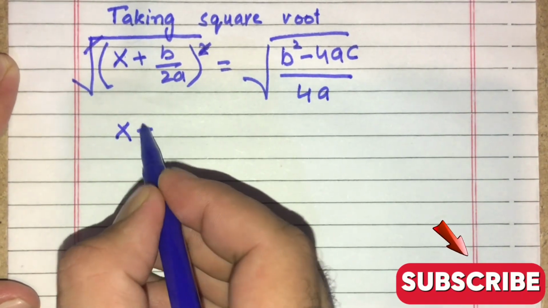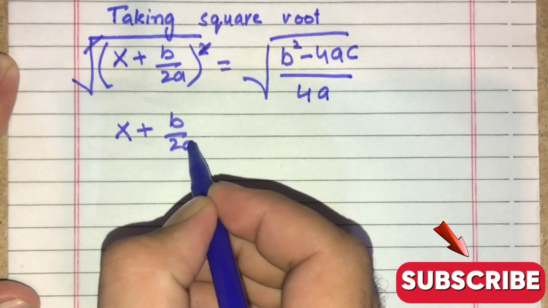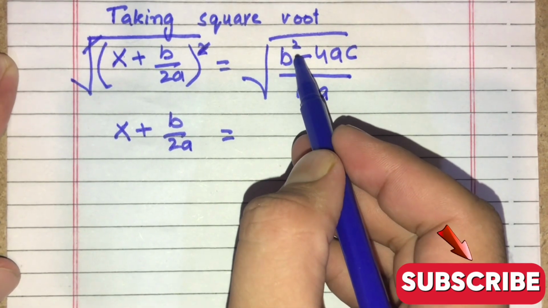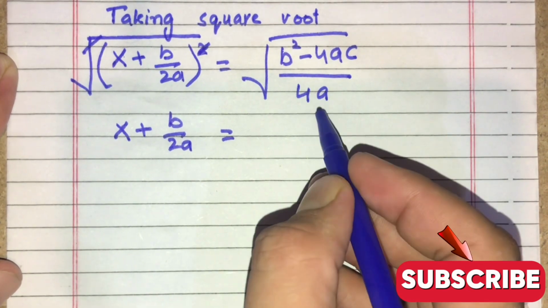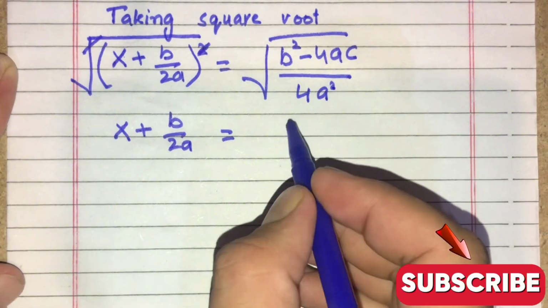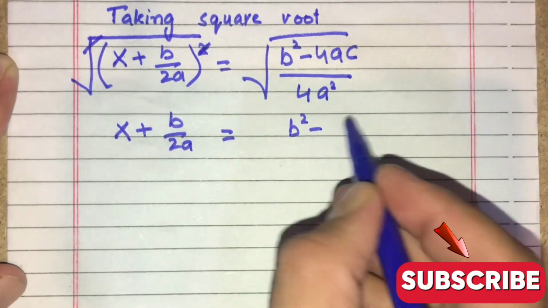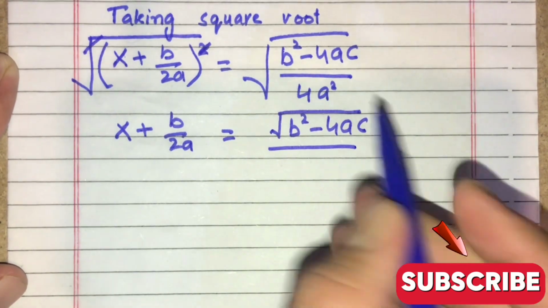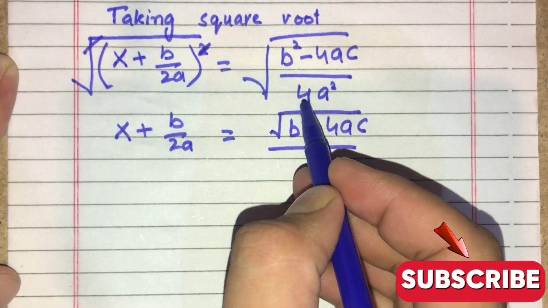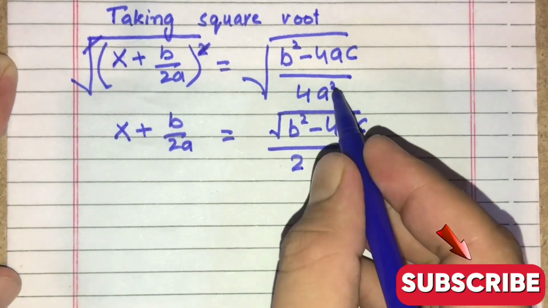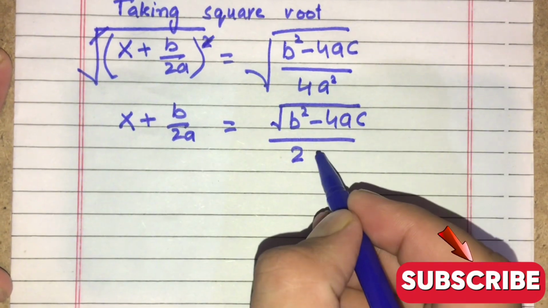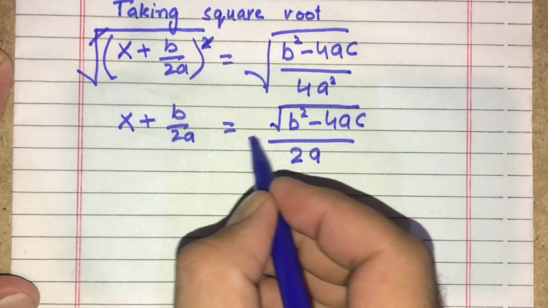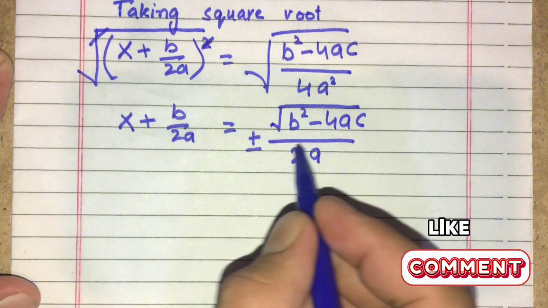We will have x plus b divided by 2a on the left hand side, while applying this square root on numerator and denominator we will have square root of b squared minus 4ac divided by, and this square root whenever applied to 4 gives 2, and whenever we apply it on a squared gives a. Since the square root has been applied, we will have plus minus on the right hand side.